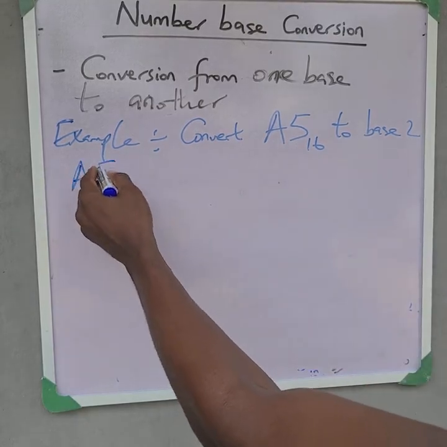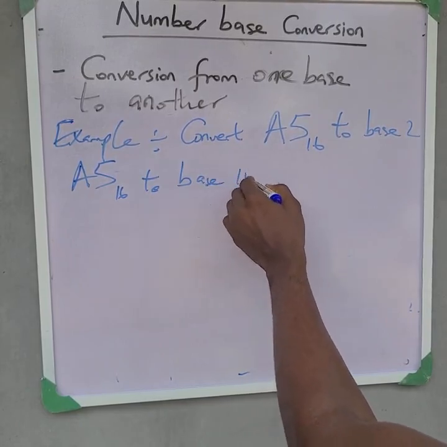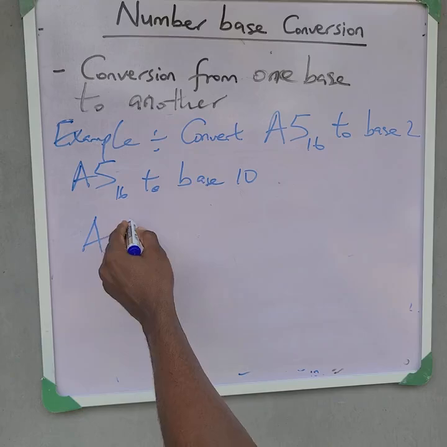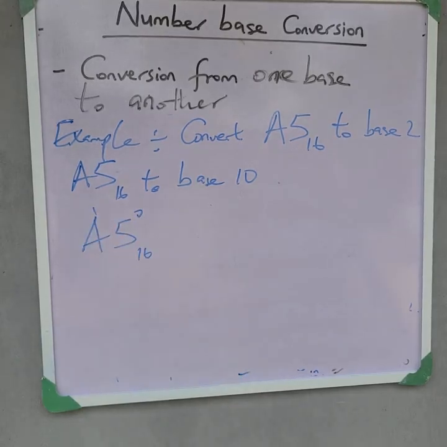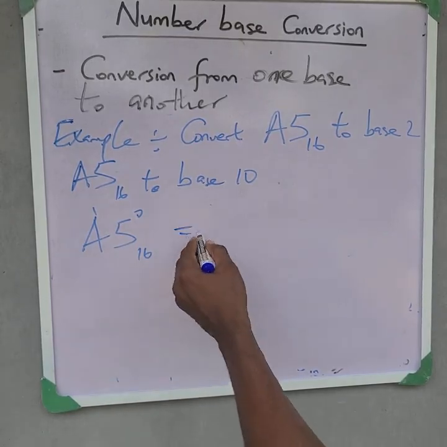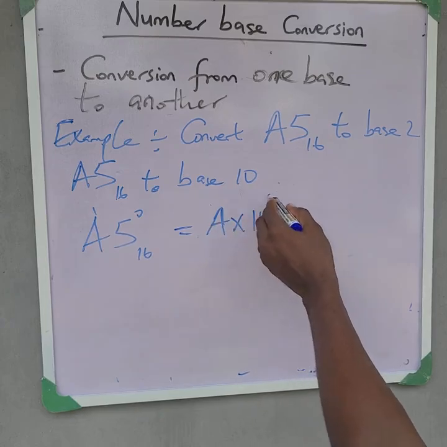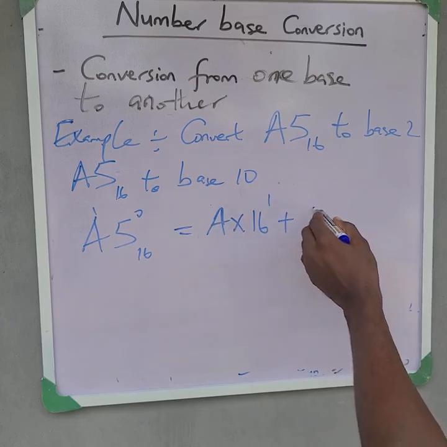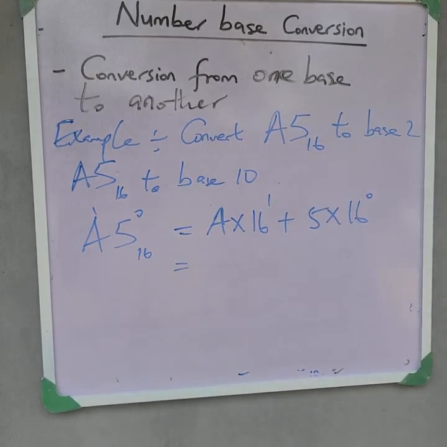You say A5 in base 16 to base 10. We write it out. A5, you number this 0, 1. So you write it out. This is A times 16 raised to the power 1 plus 5 times 16 raised to the power 0. And what is A? A is 10.